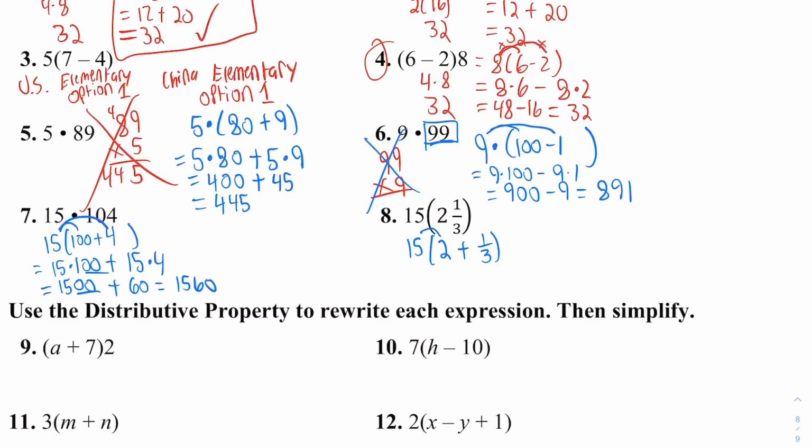Another one. That's 15 times 2 plus 15 times 1/3. 15 times 2 is 30. And then 15 times 1/3 is the same thing as 15 divided by 3. And 3 fits into 15 5 times, so my answer is 35.